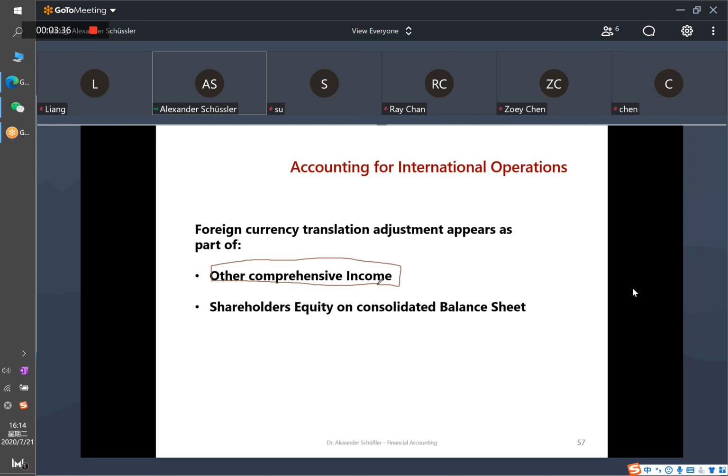Of course it affects the balance sheet. It also affects shareholders' equity when those currencies change, but it does not affect the income statement. It affects other comprehensive income, but not net income.